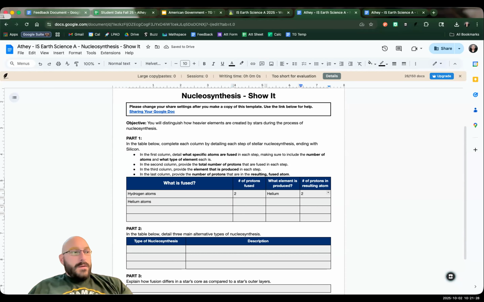Number of protons fused: each helium atom has two protons, so that's six, which means we're producing carbon. Number of protons in the resulting atom, six.